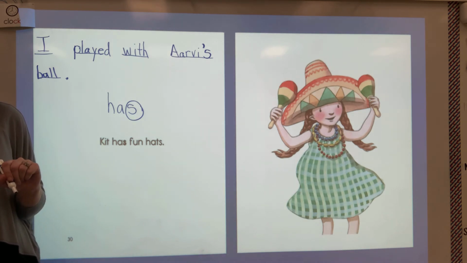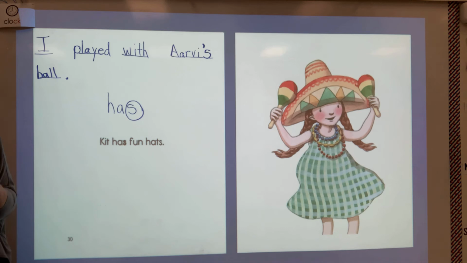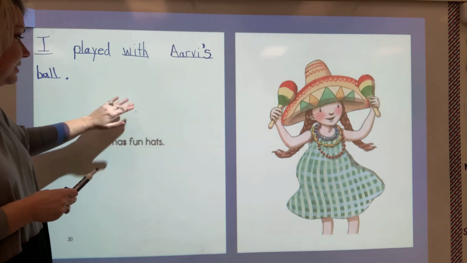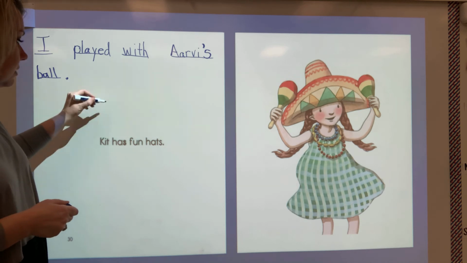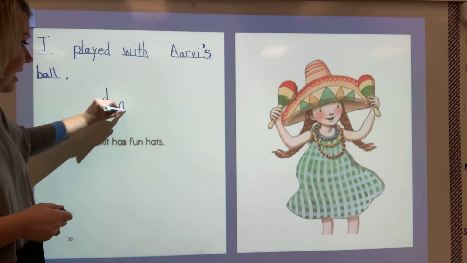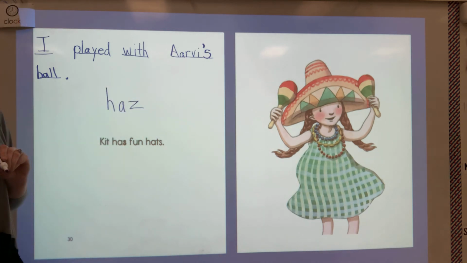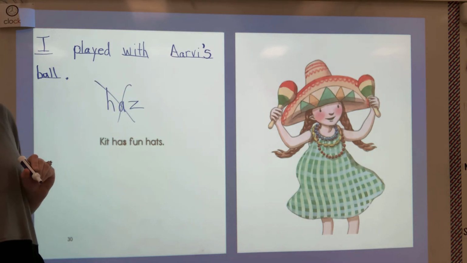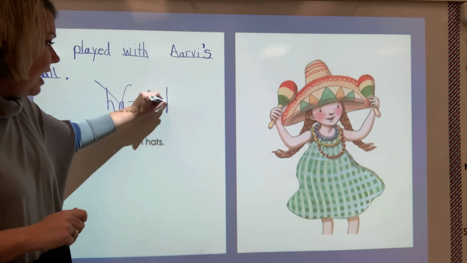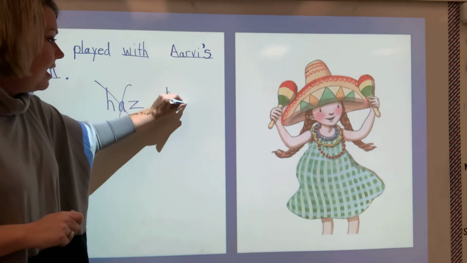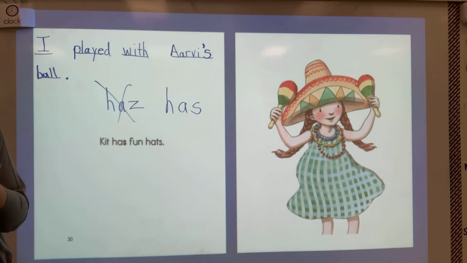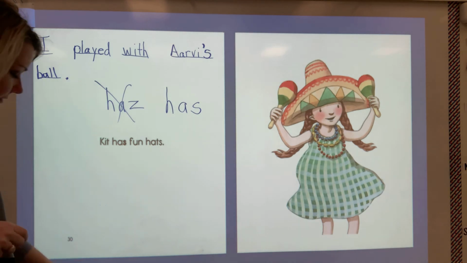So when we're sounding out the word and we're writing the word, we can remember has is not spelt with a Z. Now we know the tricky rule, and we know that has can be S when we write. Excellent job, my friends.